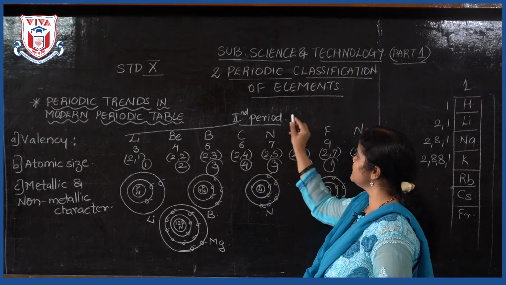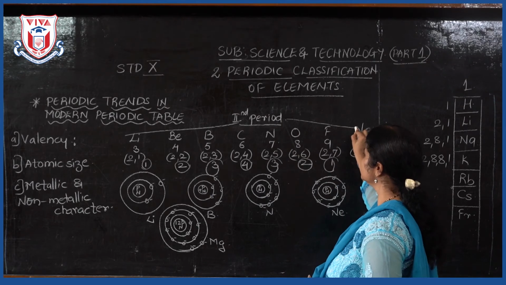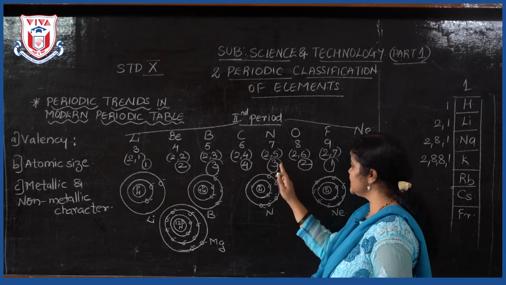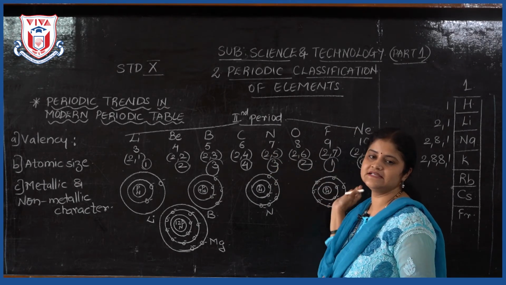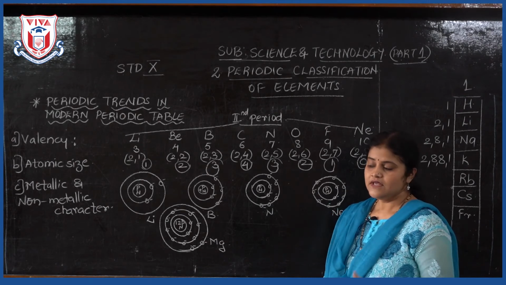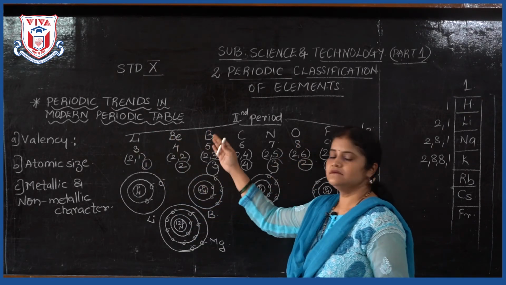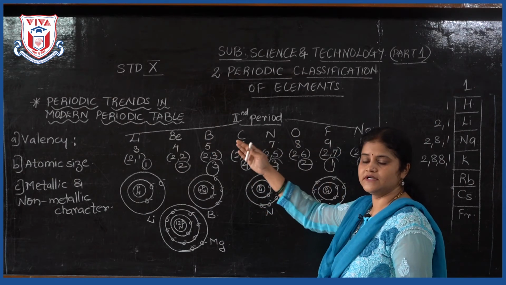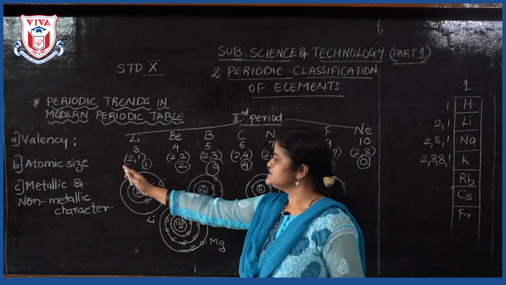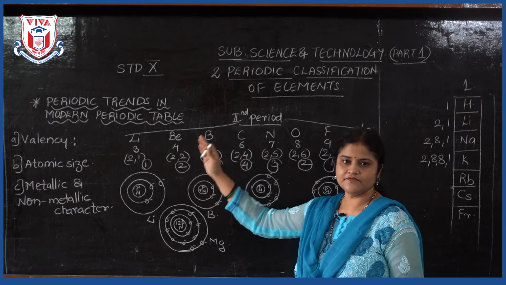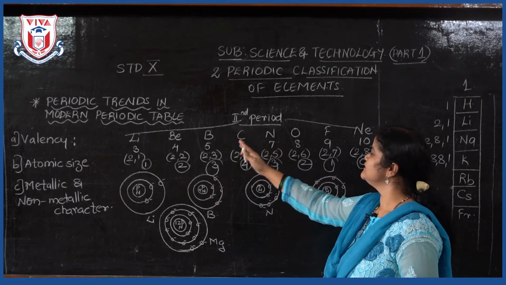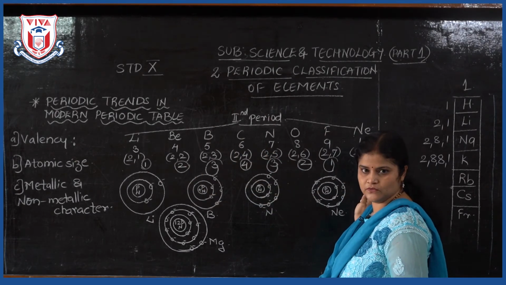And then after carbon, it decreases from 3 to 1, and lastly it ends at 0. This is what we can see in the periodic trends. So as the period continues further, the valency up to carbon increases from 1 to 4 and then it decreases from 4 to 0.